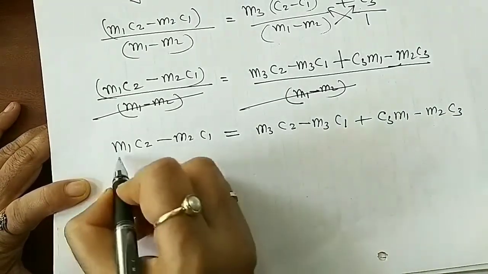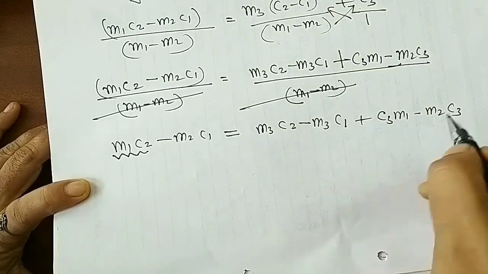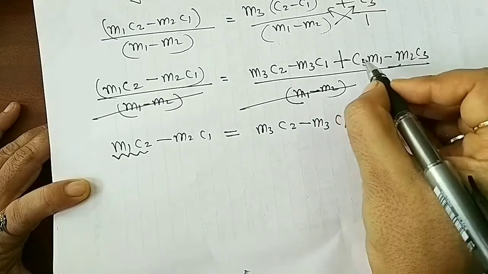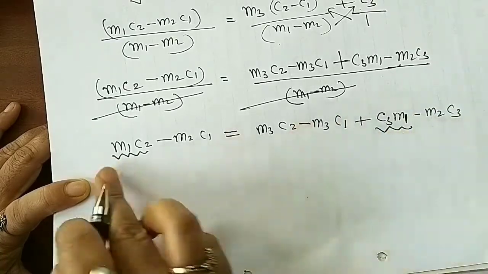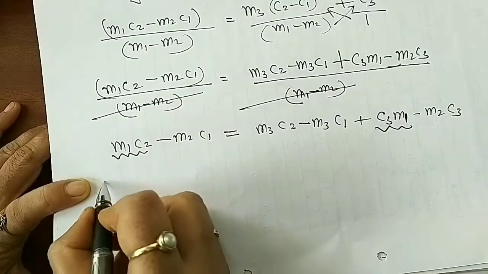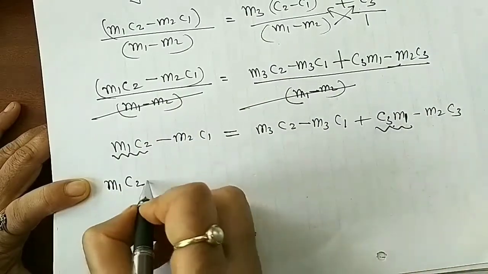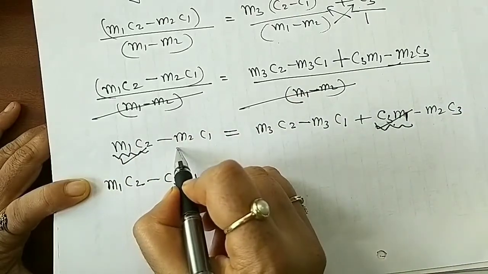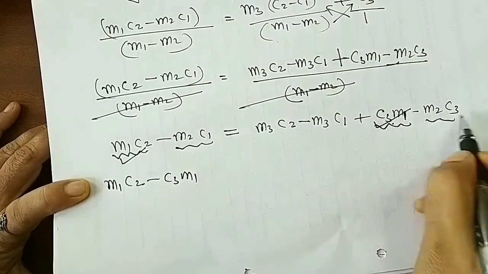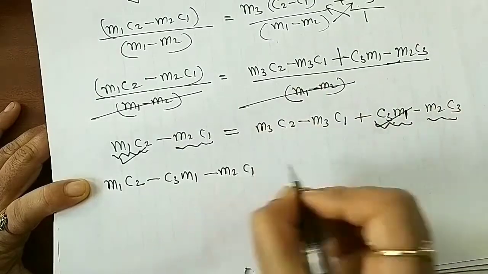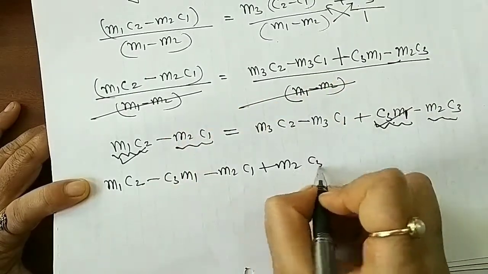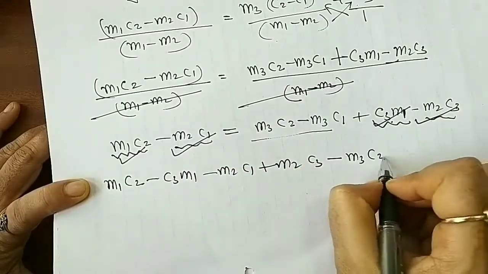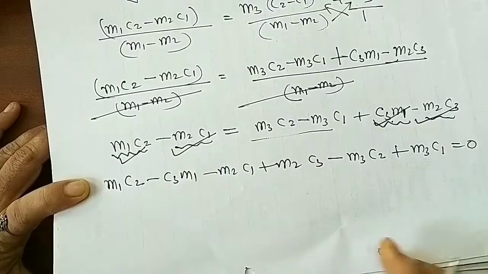This is an m1 term, and this is my other m1 term, so I will keep them on one side. So this is m1 c2 and I'm bringing here minus c3 m1. Now this is my m2 term and this is an m2 term, so I will keep them together: minus m2 c1 and this I will bring here plus m2 c3. Now these both are m3, I will bring here minus m3 c2 plus m3 c1.